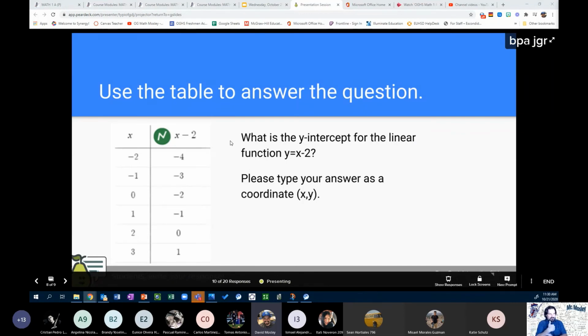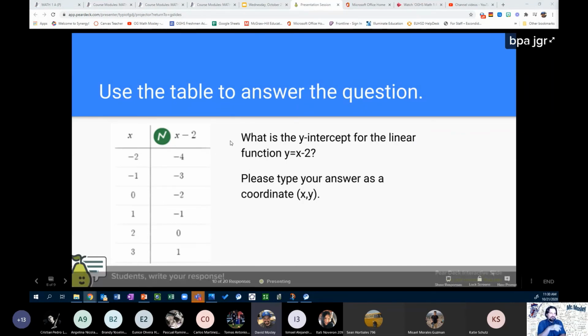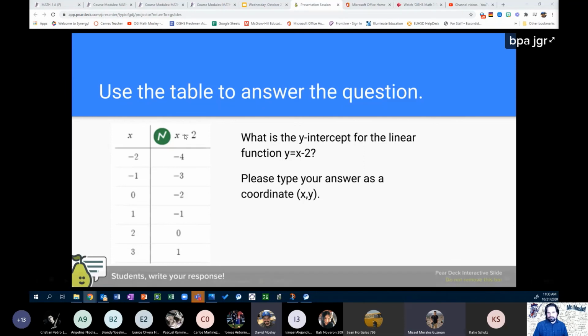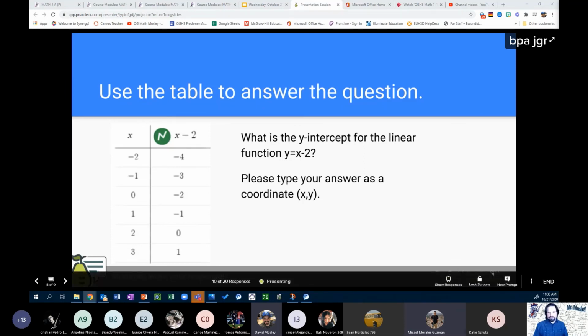I could make a table that way, but I would use a different thing. But that's why I have y equals x minus 2. In this table, the x minus 2 is y. Okay, that makes sense.